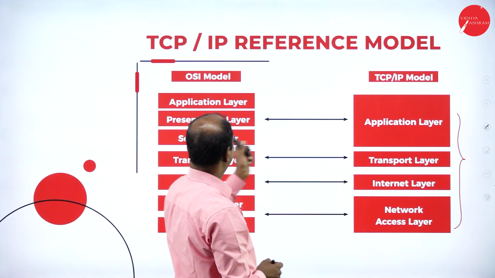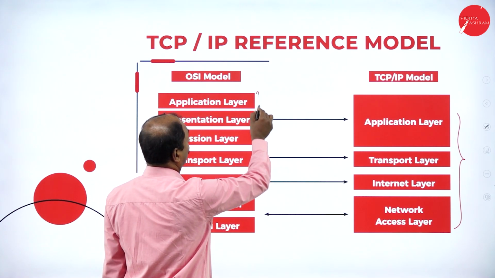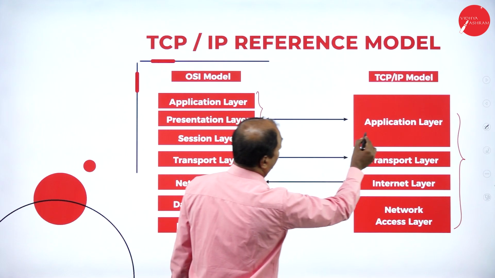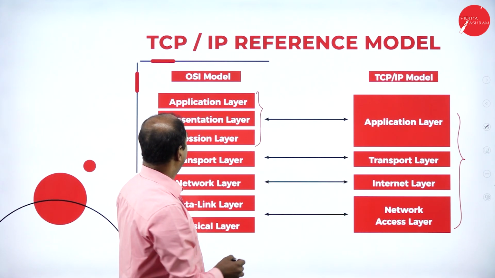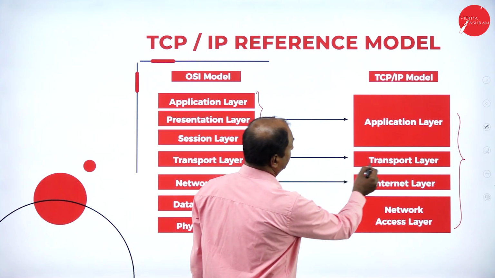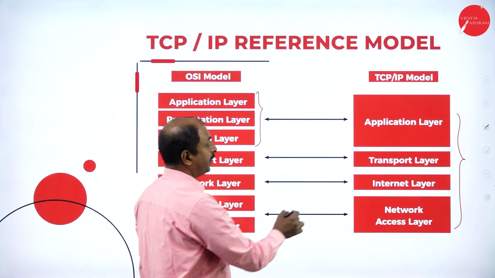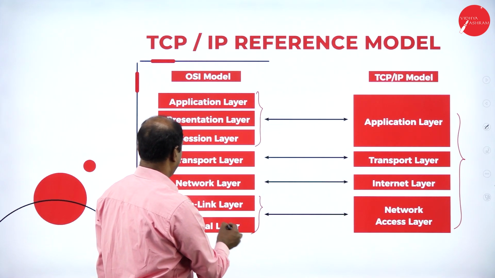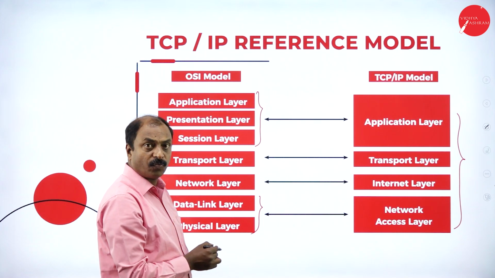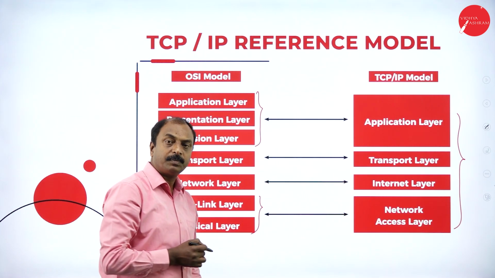If you compare the two, the functions of the top 3 layers form only one layer, called the application layer. The transport layer is the same as the transport layer here, and the network layer is the internet layer. The data link layer and physical layer form the network access layer in the TCP/IP reference model.